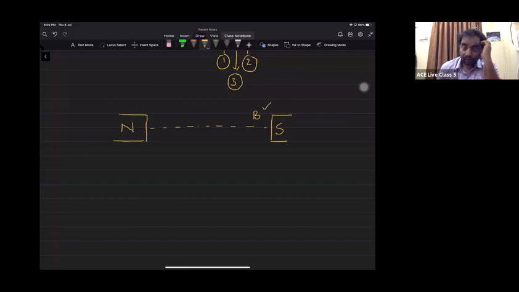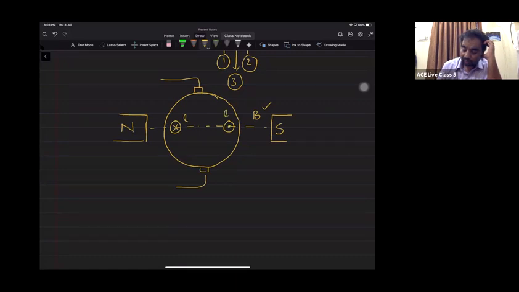I need a conductor of finite length. So I'm taking an armature, and in the armature I'm placing the conductors. Just a pair, and those ends are brought out. And with the help of some external source, I'm supplying current. So these are the conductors of finite length carrying a current.